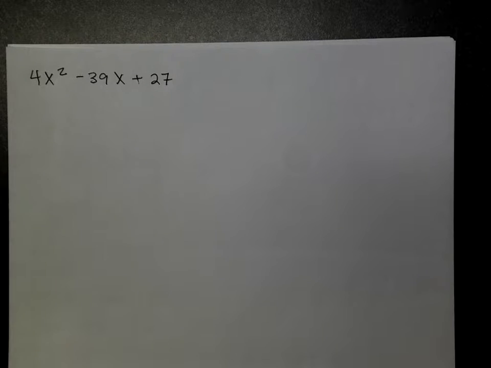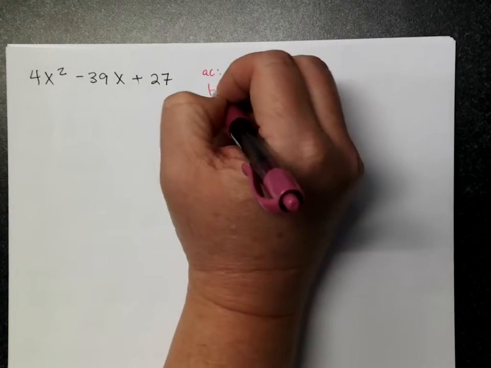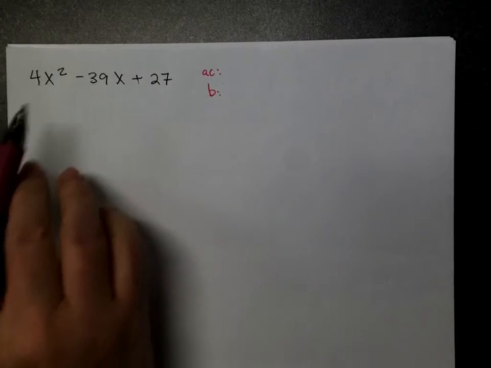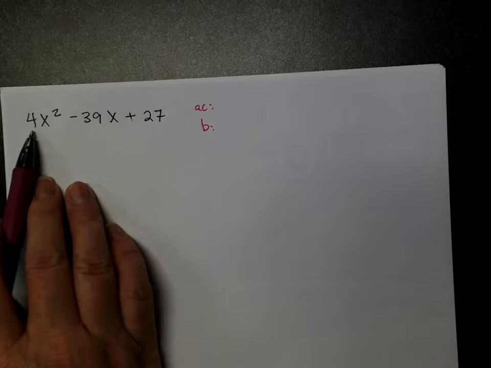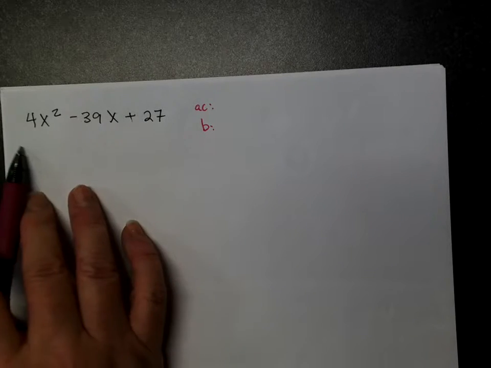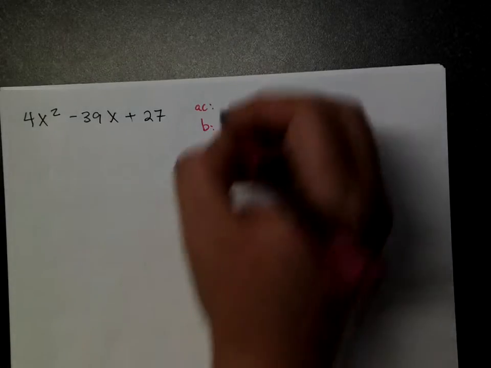GCF. No GCF in there. If there were a GCF, it would have to be 4 or smaller. So either 4 or 2, and that doesn't work. And there's no variables in common. So crunch your numbers.